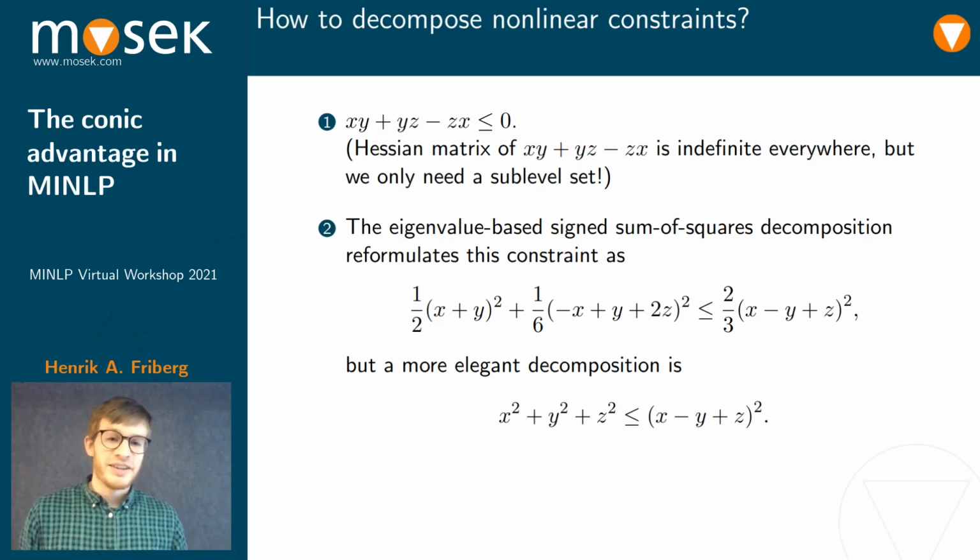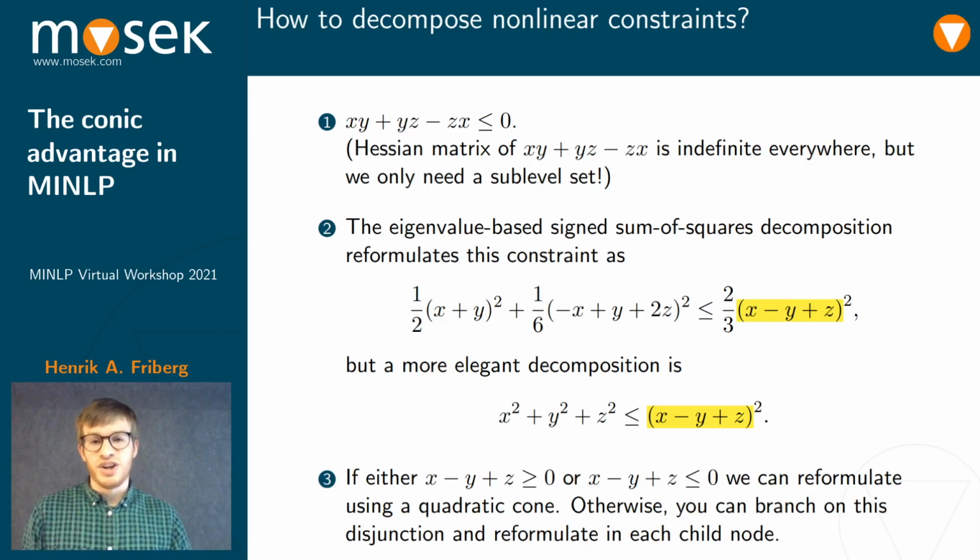Well, in either case, you are very close to a conic reformulation, and the only thing stopping you is the sign of this expression. If this is either non-negative or non-positive, we can reformulate the inequality using a quadratic cone. Otherwise, you have a disjunction, and you can branch on it to do the reformulation in each child node.